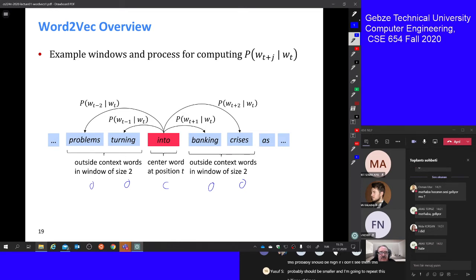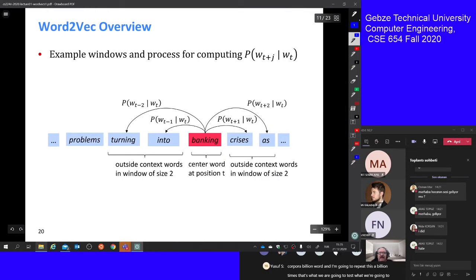How many words do I have in my corpora? A billion words. And I'm going to repeat this a billion times. I did this for into, and I am doing this for banking. And I will step one more, move over to the right, and keep doing this.